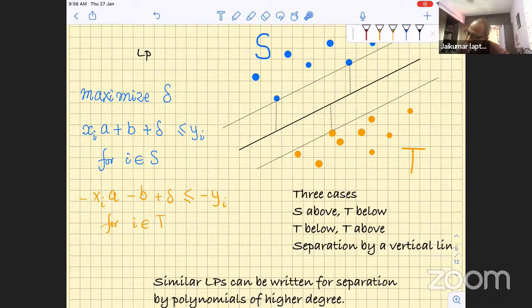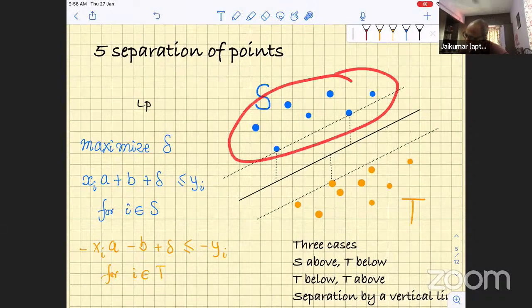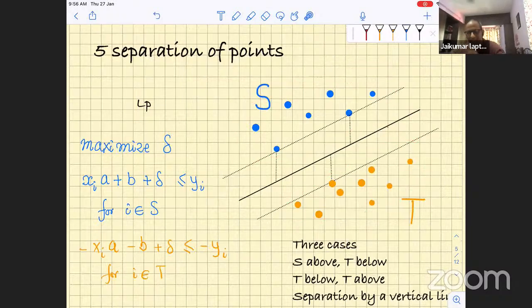So anyway, when we are faced with this problem, you have three cases to consider. Could it be that these points are above the line and these points are below the line, and what is the best line that we can fit so that blue and orange are separated?